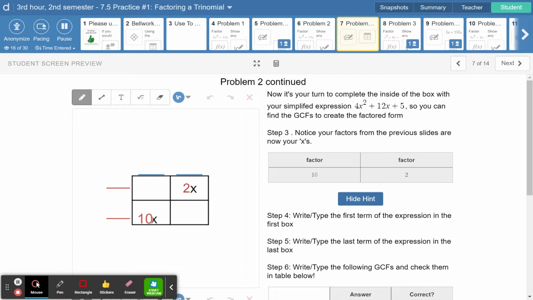Eventually that will be taken out. And then you do first term, first box. So my first term was 4x squared. Last term, last box. So once again, I got that from my 4x squared here, and I got my 5 from there. And now I'm going to find the GCF.